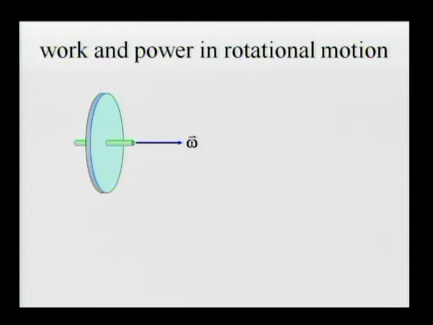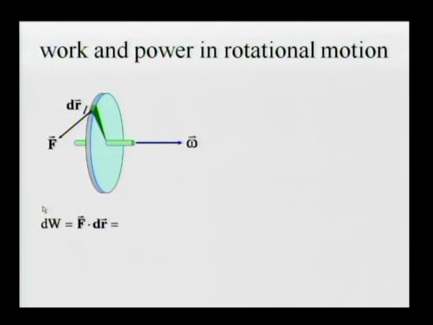So let's say we have an object which is rotating with angular velocity, and we apply a certain force or a certain torque, actually, to change the rate at which it rotates. So I will consider now differential work. Differential work is equal to force times displacement.